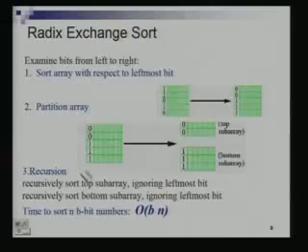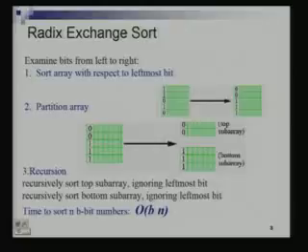So, I claim to sort n b bit numbers, you will require order bn time. And why is this? Let us try and understand this. Can I write a recurrence for this? Can someone write a recurrence for this? Okay, let us write a recurrence.